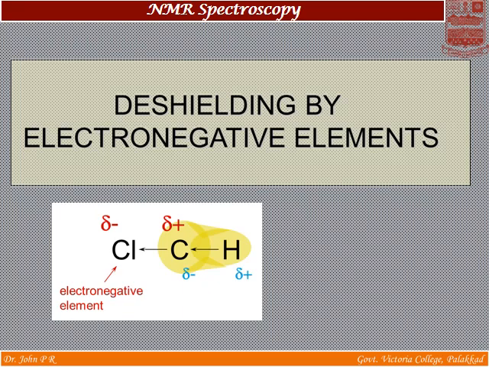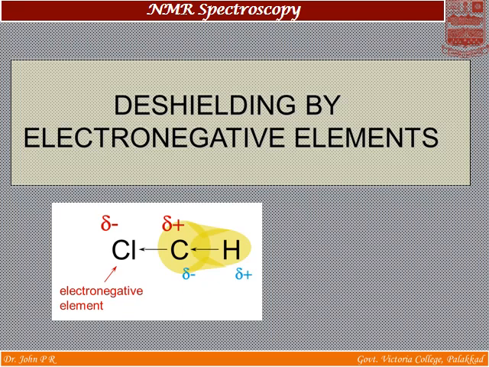Let us consider the hydrogen carrying carbon attached to an electronegative chlorine atom. So the presence of chlorine, an electronegative element, will inductively withdraw the electron density from carbon, which in turn withdraws the electron density from the carbon-hydrogen bond.